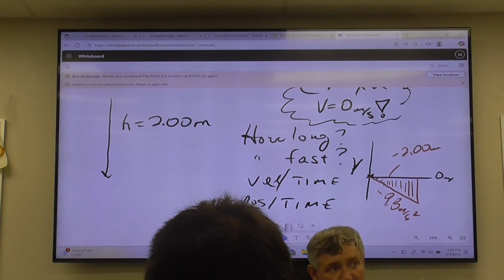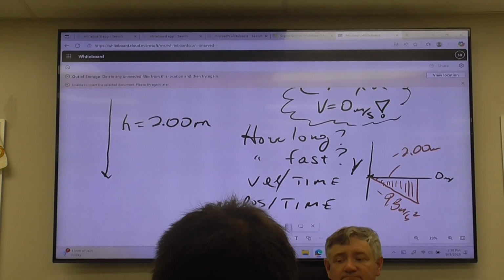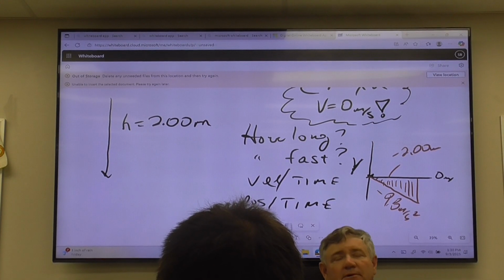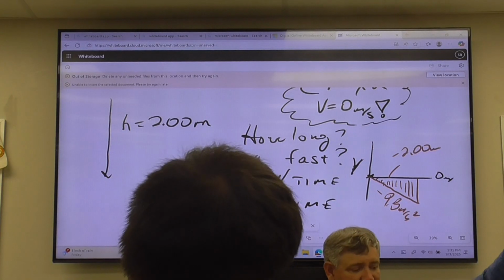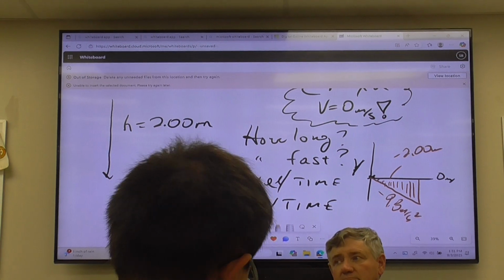That's going to play out huge later on. Now, when it lands, I don't care about the numeric value. I don't care about the number. What's going to be the sign of the velocity at impact? The sign when it hits the ground. Is it positive or negative? Negative.